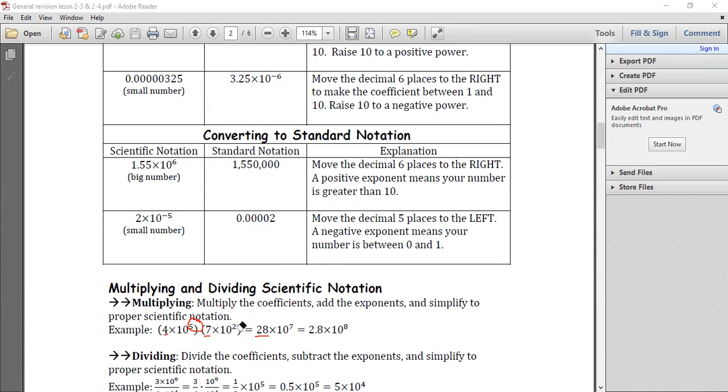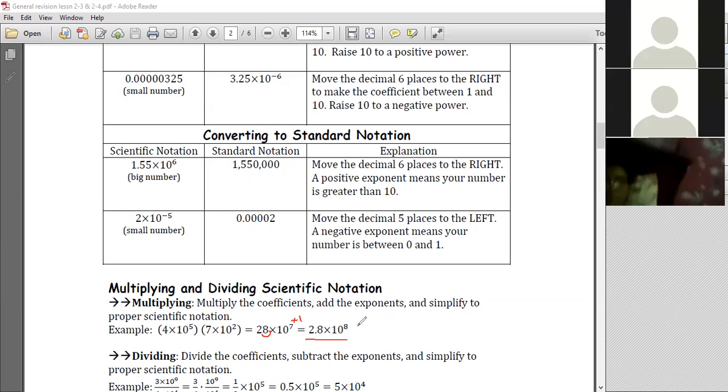Now, 28 times 10 to the power of 7 is not in scientific notation. Where is the decimal point? The decimal point is there. So we have to move to the left. We said once you move to the left, you have to add 1 to the exponent. So the answer by the end will be 2.8 times 10 to the power of 8.